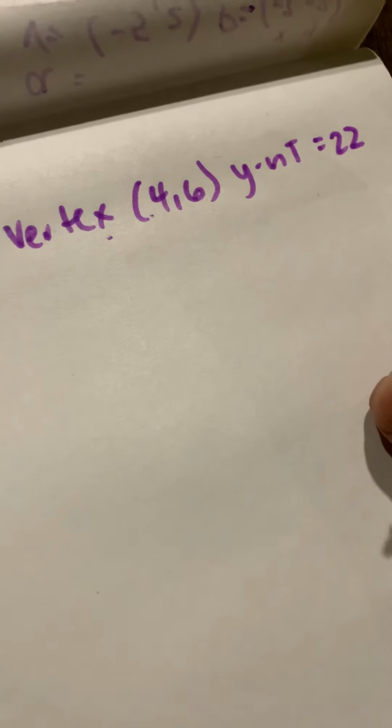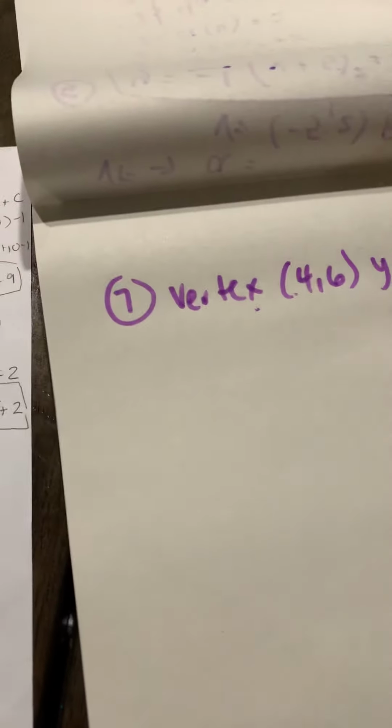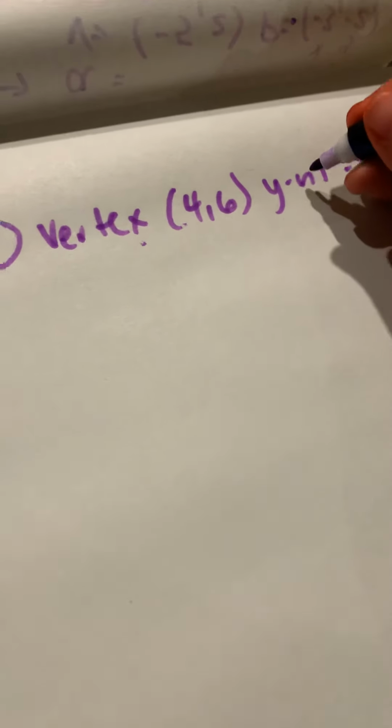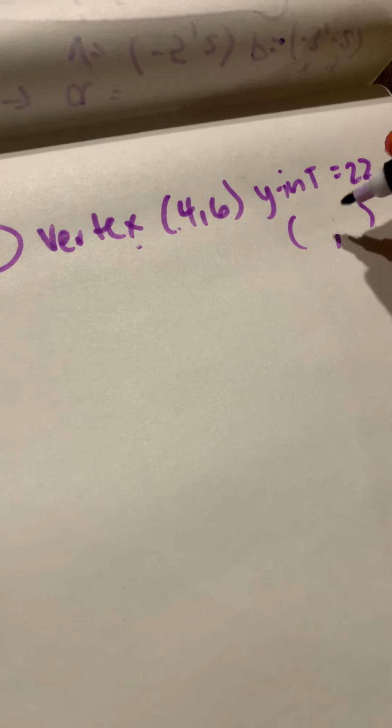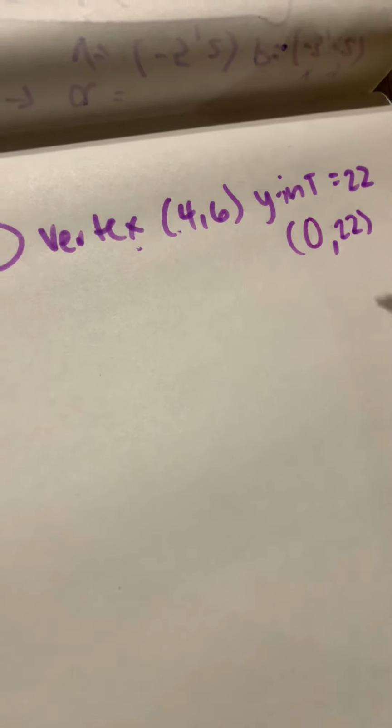Our vertex now is at (4, 6), and the y-intercept is 22. So let me write the y-intercept 22 as a point. The y is 22, and the x would be 0. Remember, x is always 0 whenever you have a y-intercept.